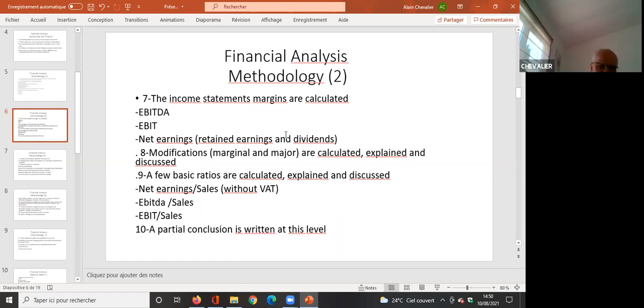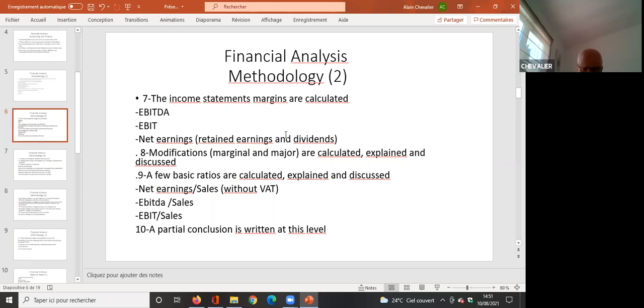We apply, let's say, a ratio methodology. On the income statement, we use mainly, as we did for the balance sheet, three main ratios: net earnings on sales, EBITDA on sales, and EBIT on sales.